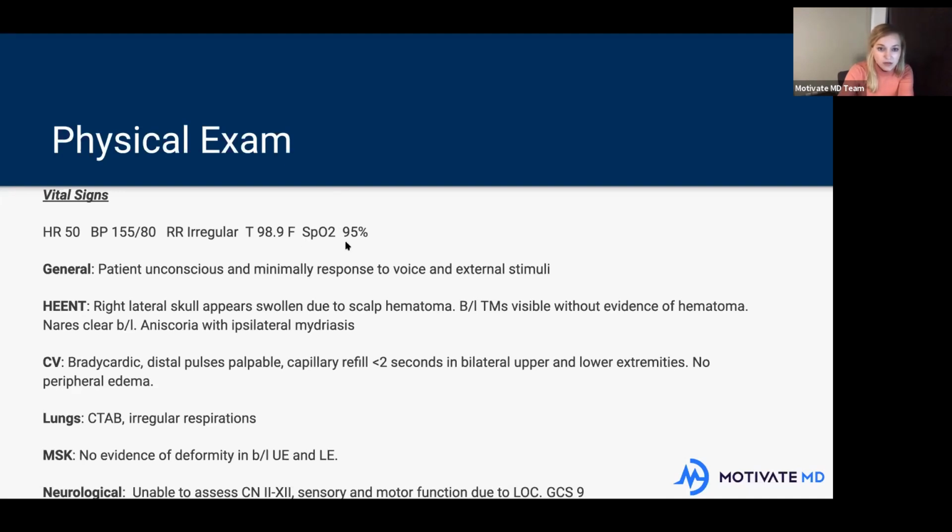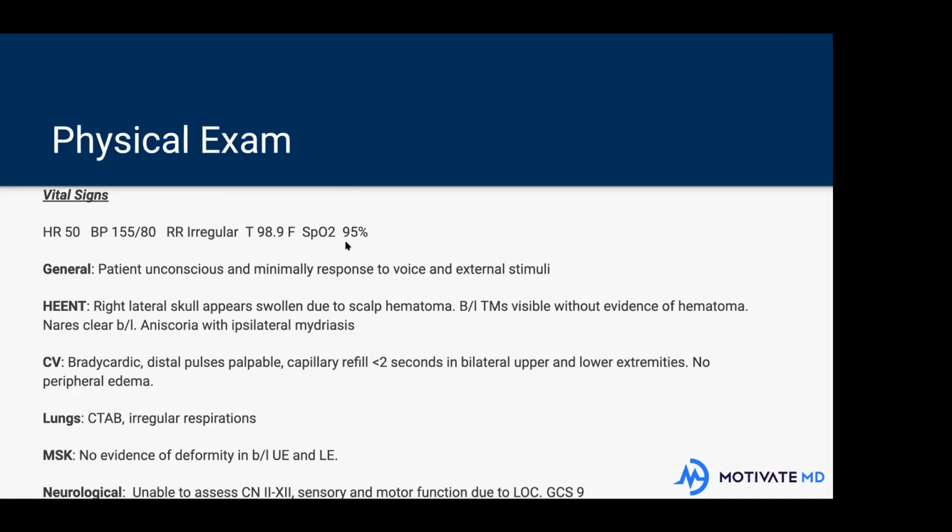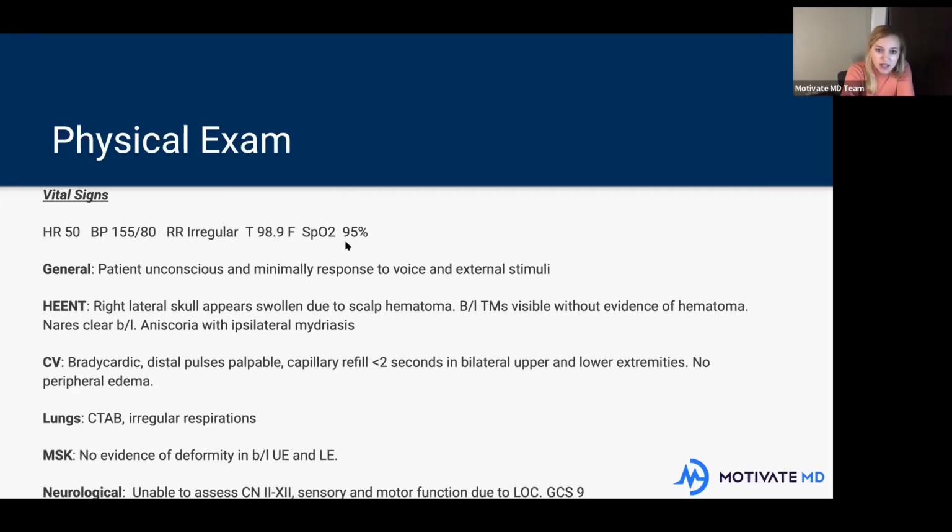Do you have any thoughts about 95, normal or abnormal? I want to say that's normal, but isn't there a range for it? Yeah. So for you guys and me sitting right here, it'll probably be between 99 and 100%, 98 maybe. So 95 is a little bit low, especially for such a young patient. And it's another clue that something isn't right with this patient's breathing.